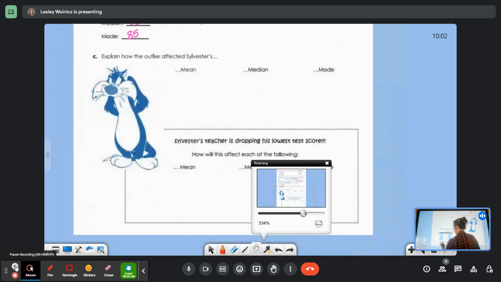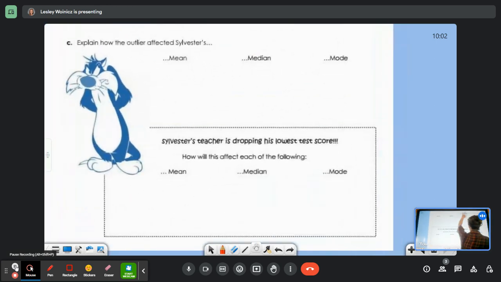Okay, let's get rid of all that gunk. So we have to explain how the outlier affected his mean, median, and mode. So the low outlier decreased, or made the mean decrease.